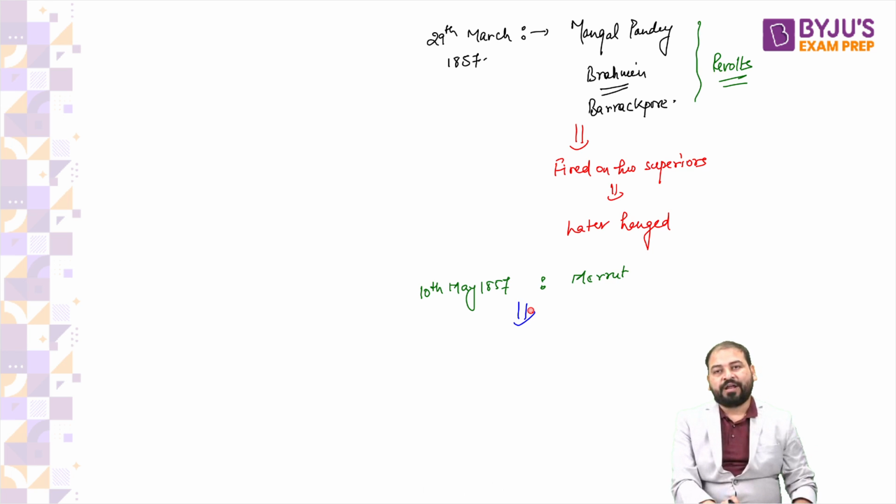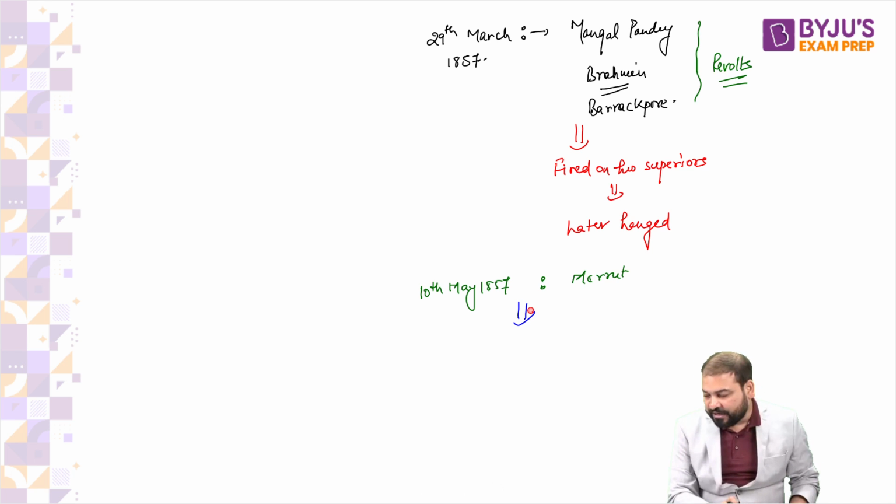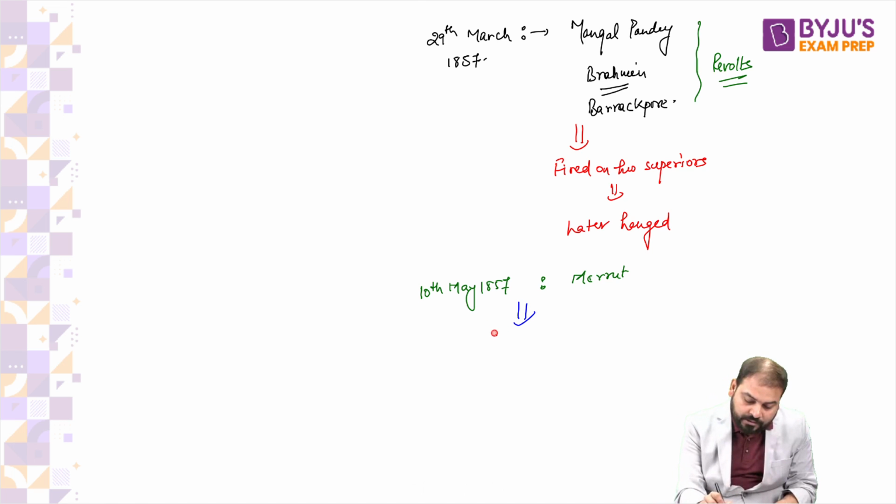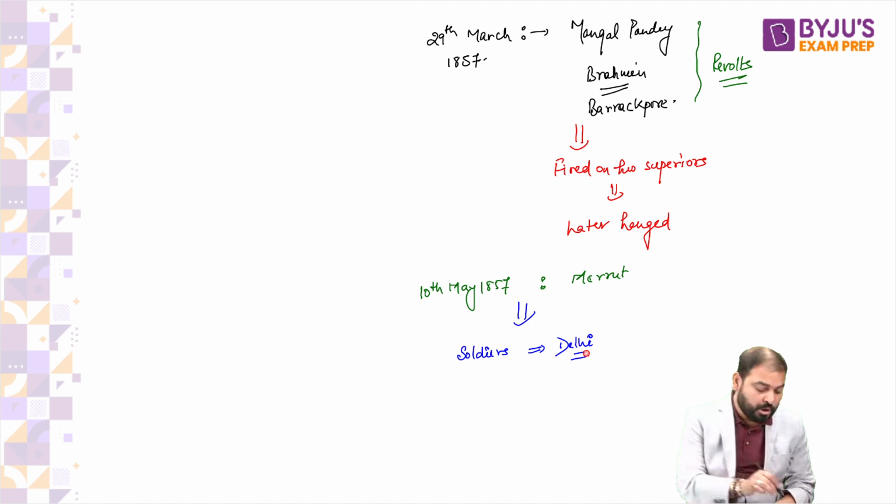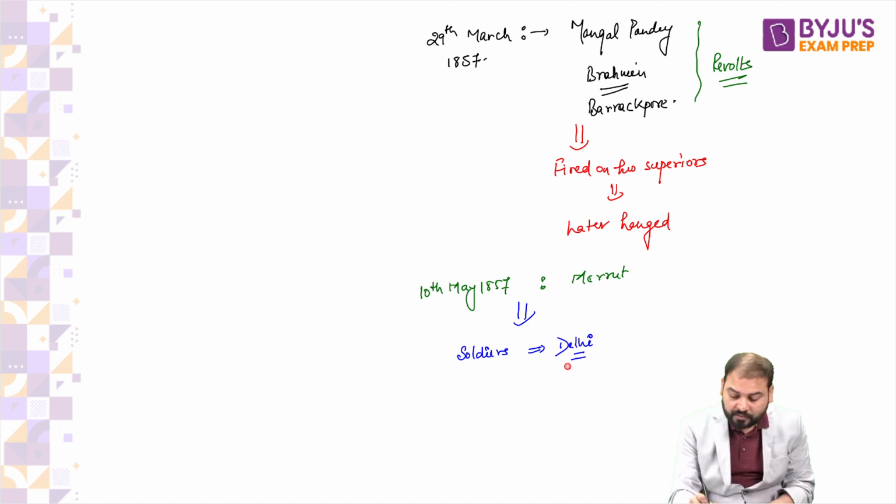If today you are driving, it takes hardly 1.5 hours, at times 1 hour also. Soldiers who revolted in Meerut moved to Delhi. All of you, why Delhi? Because in Delhi lives Bahadur Shah Zafar.